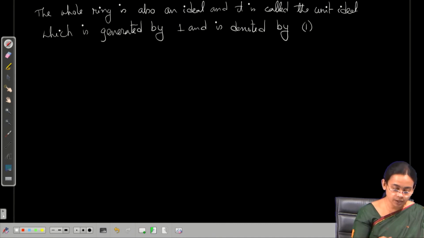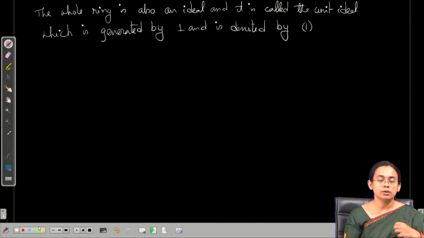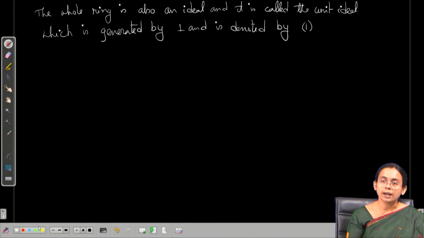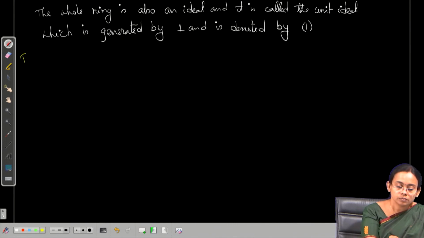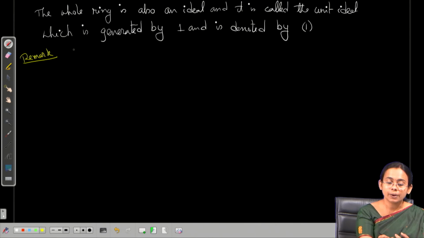Now, as a remark, I would like to mention that in a ring, we have already introduced the concept of unit element. If an ideal contains a unit element, then it in fact becomes the unit ideal. That means the multiplicative identity then belongs to this ideal. So, how to show that?